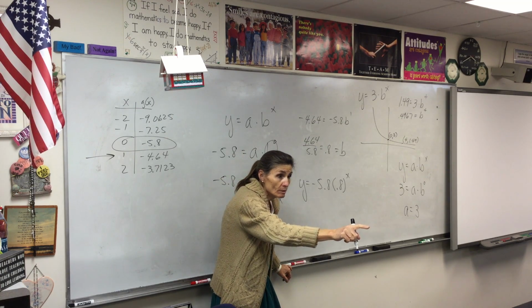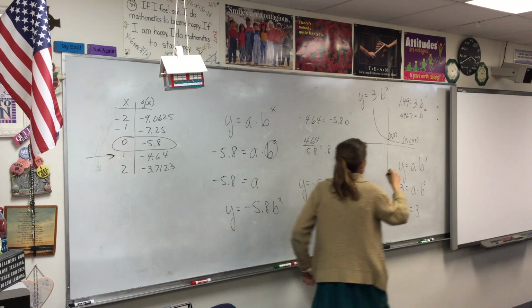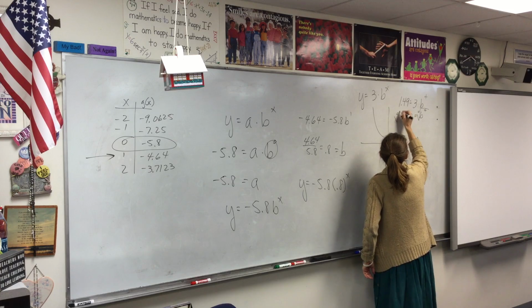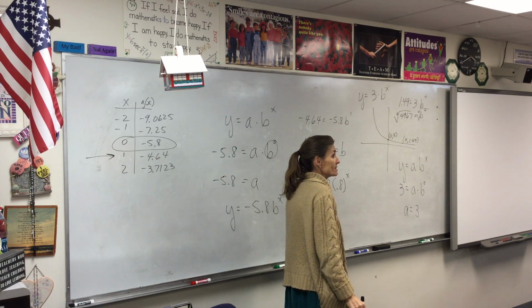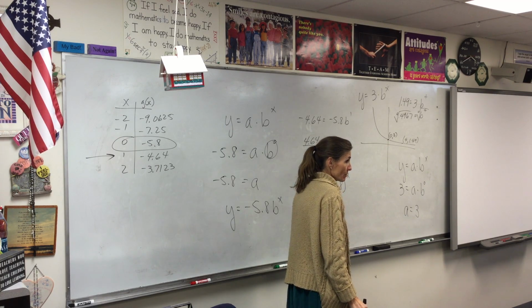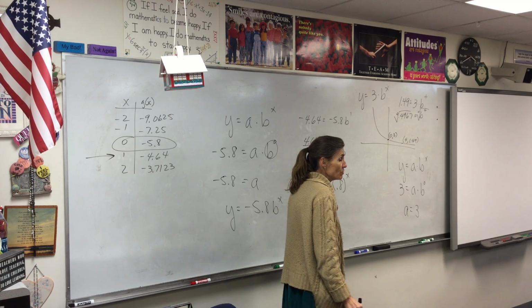I take the fourth root of both sides. I need to figure out what b is, so I'm going to take the fourth root of both sides. Now, my calculator has the capability of doing that.